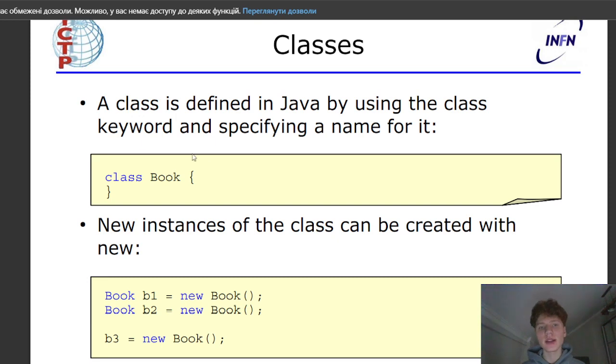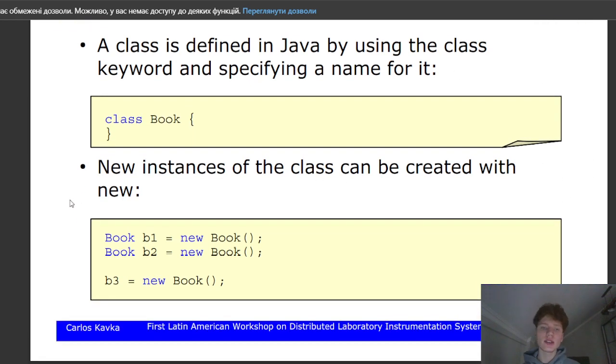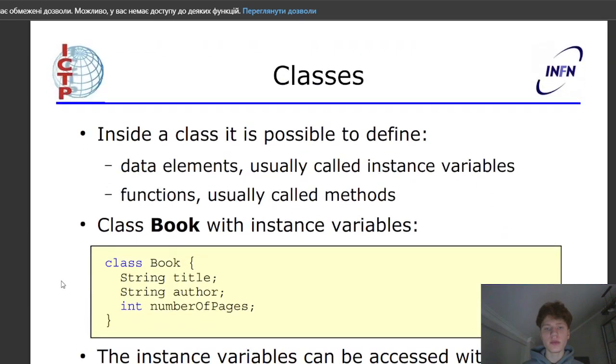Classes. A class is defined in Java by using the class keyword and specifying a name for it. New instances of the class can be created with new. It's possible to define classes inside a class.